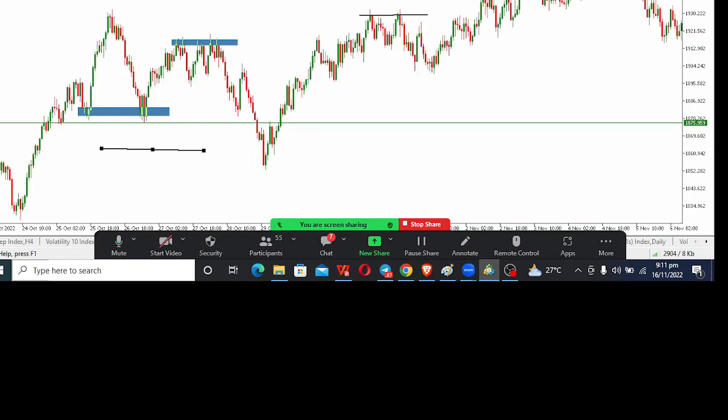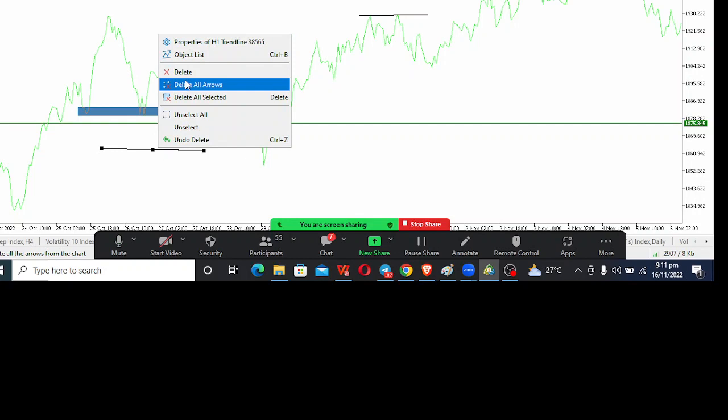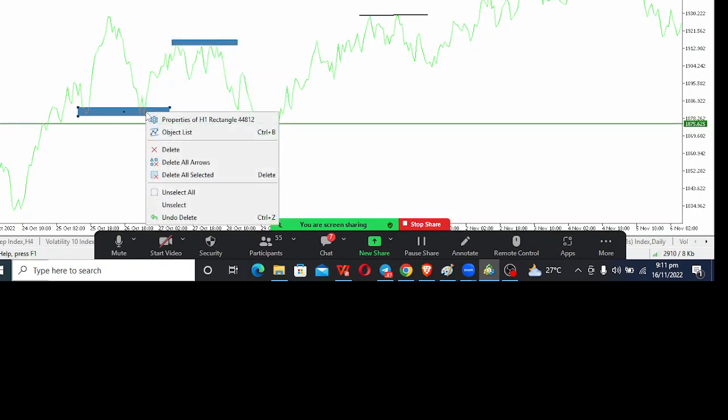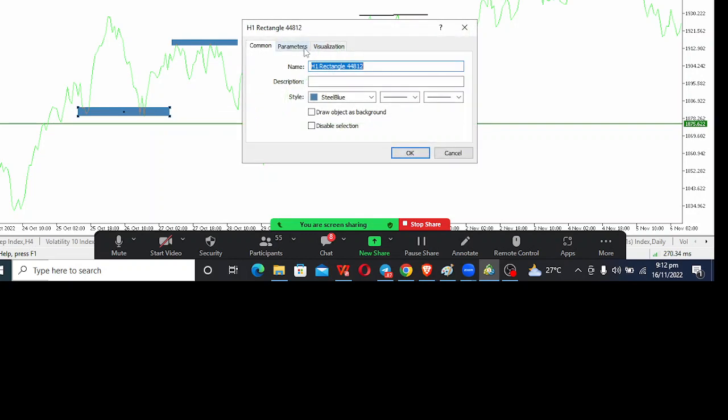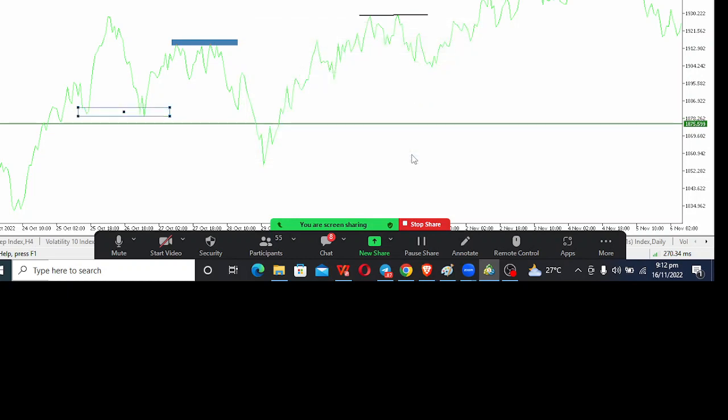If you want to pick a trade, you switch from candlesticks to line charts, and then you have your zone drawn over here.